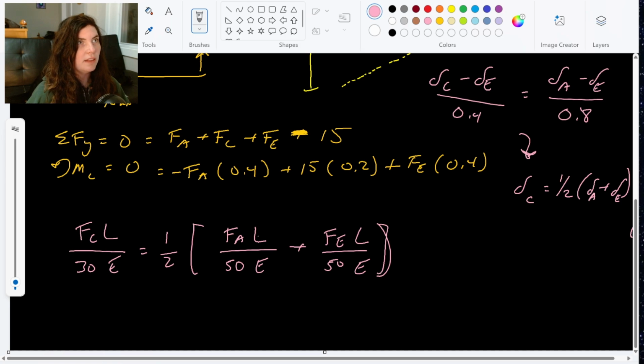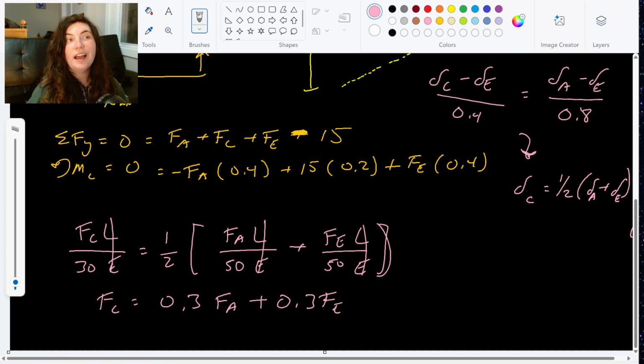I notice that my lengths and my modulus of elasticity all cancel. If I simplify this out a little bit, I get FC is 0.3 FA plus 0.3 FE. So now we have 3 equations and 3 unknowns.